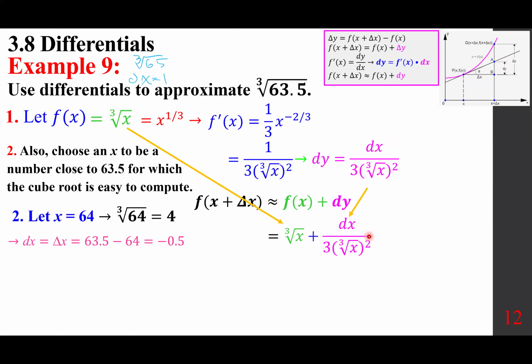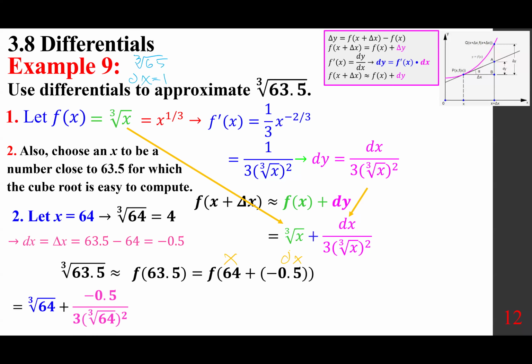So the cube root of 63.5, which is f of 63.5, is f of 64 plus negative 0.5. It's important to put a plus here, with the negative here, meaning this is your x, this is your dx. And plug in.